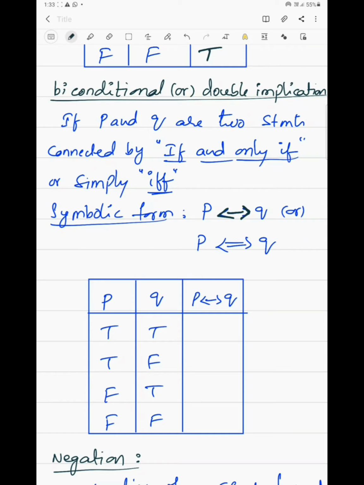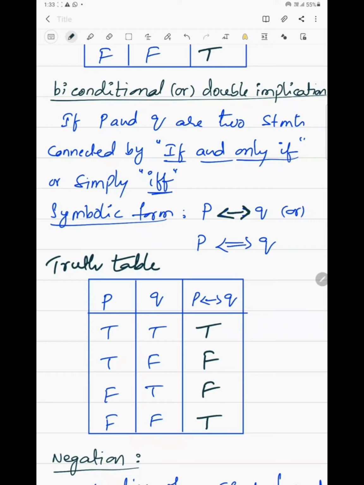Then what is the truth table? We have two statements P and Q. Write the truth values TT, TF, FT and FF. So P double implication Q, implies and implied. What is the truth value for double implication? TT is T, FF is T. Remaining two cases false.